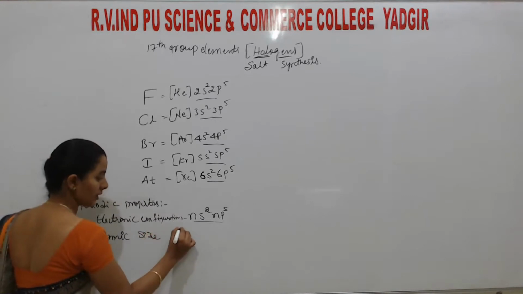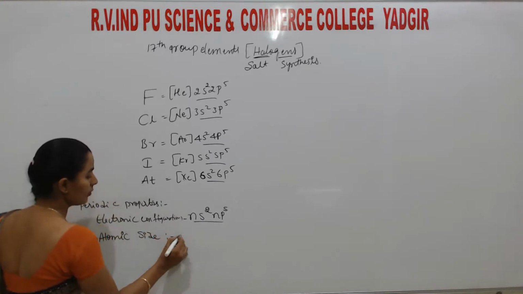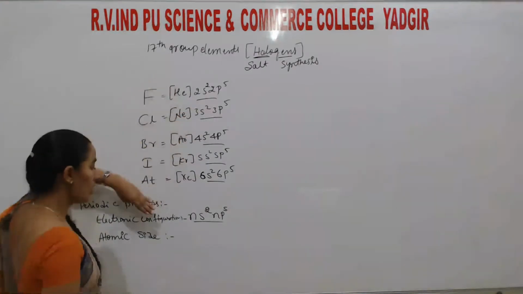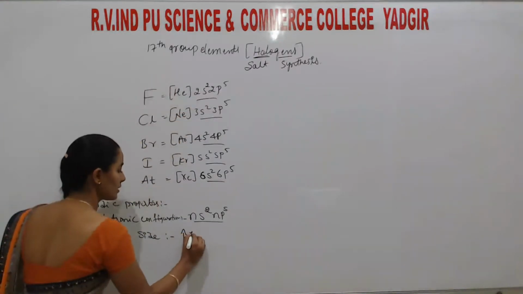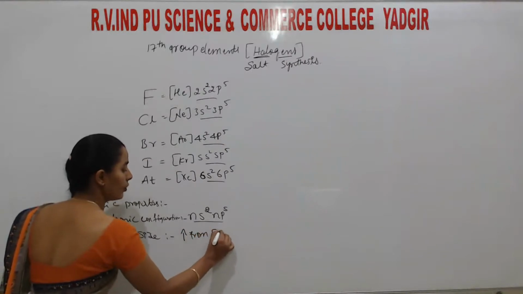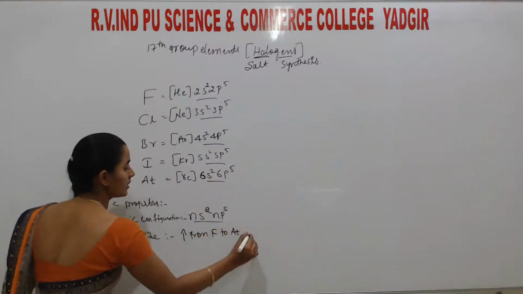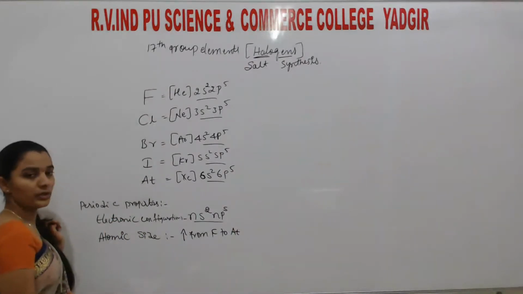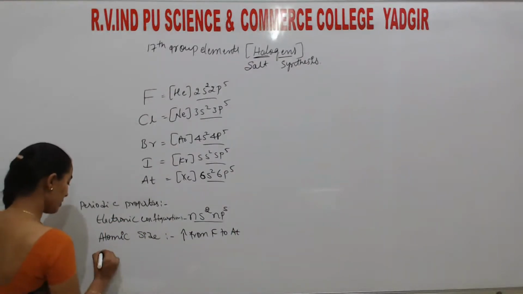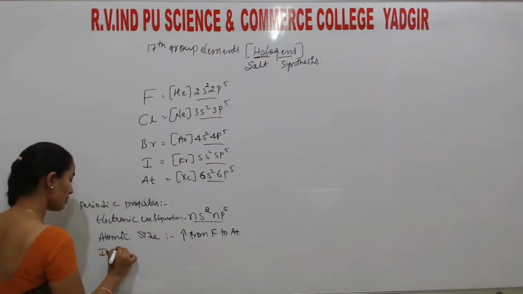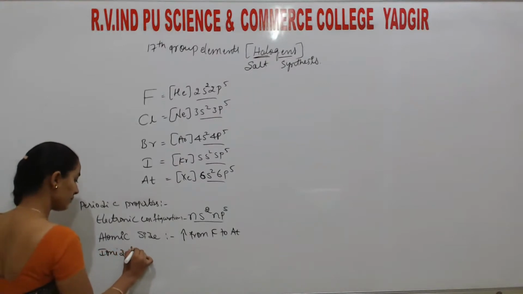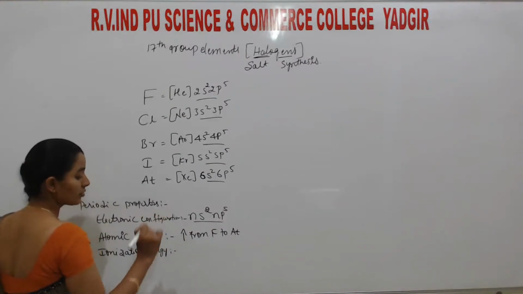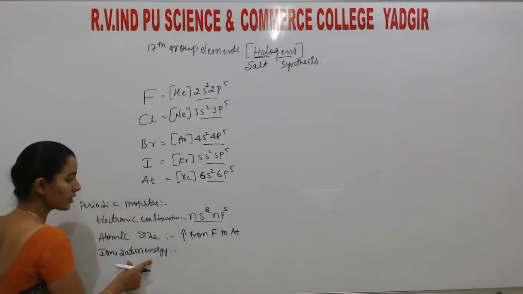Atomic size increases along the group, from fluorine to astatine. Next, ionization energy.